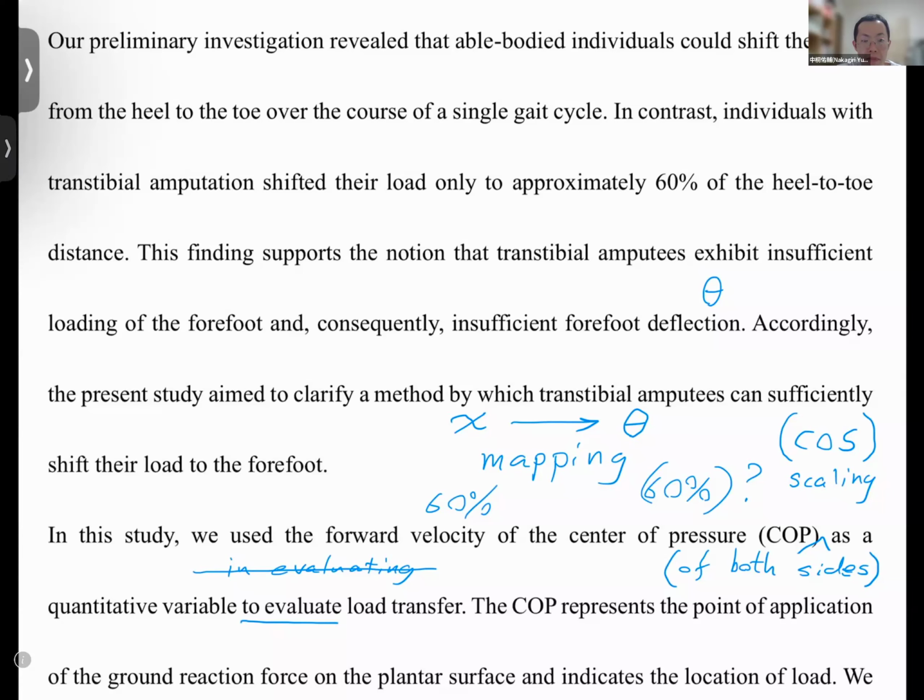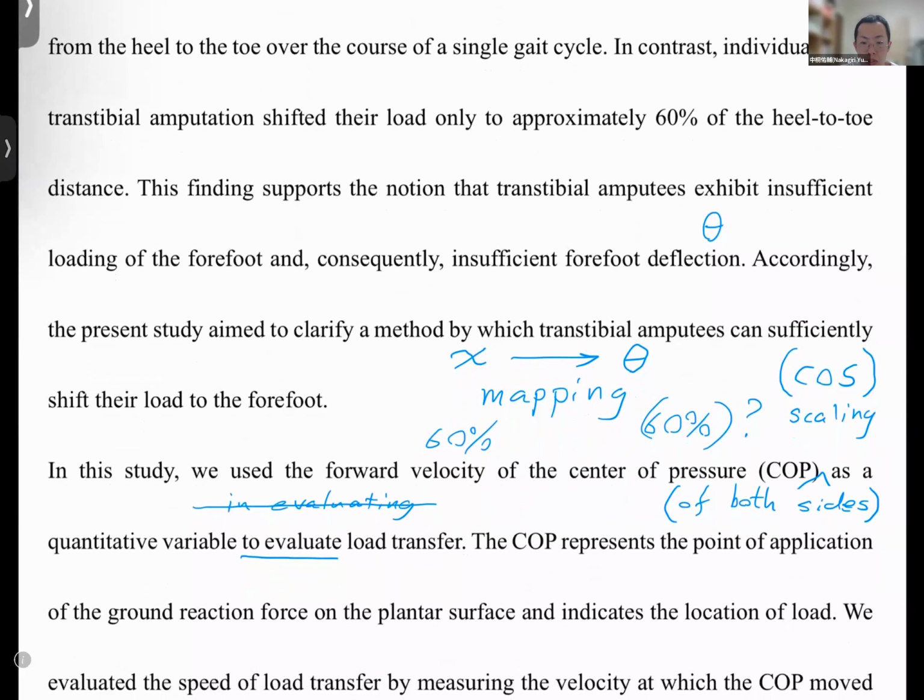Our preliminary investigation revealed that able-bodied individuals could shift their load from the heel to the toe over the course of a single gait cycle. In contrast, individuals with trans-tibial amputation shifted their load only to approximately 60% of the heel to toe distance.